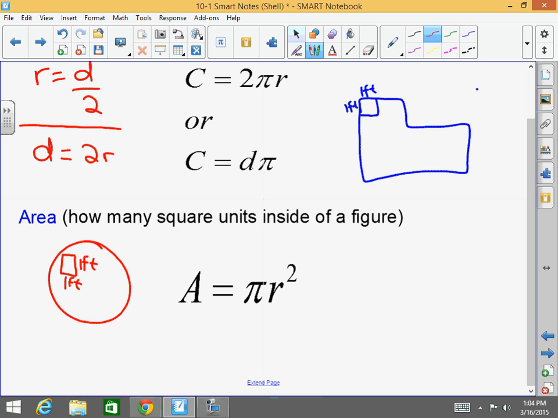If I tell you something has 46 square meters, that's the area, that means that there are 46 squares that are 1 meter by 1 meter. If I tell you it's 7,200 square inches, that means that there are 7,200 squares that are 1 inch by 1 inch. It's how many square units inside of a figure. That goes for polygons and circles alike. Does that make sense? All right.